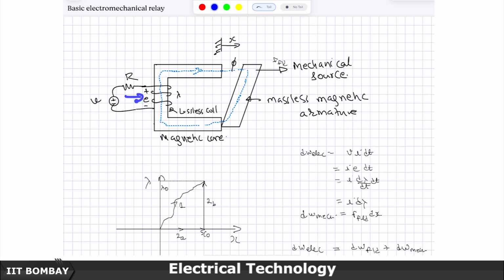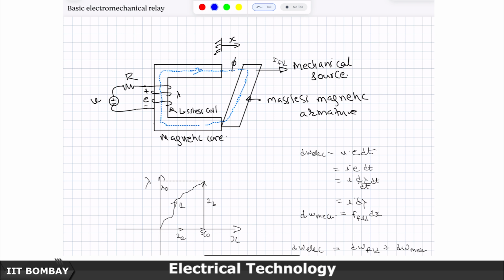So, if the current I flows into this and a voltage E gets applied here, then the power which is being transferred into this coil, leaving aside the loss which is happening in the resistor.